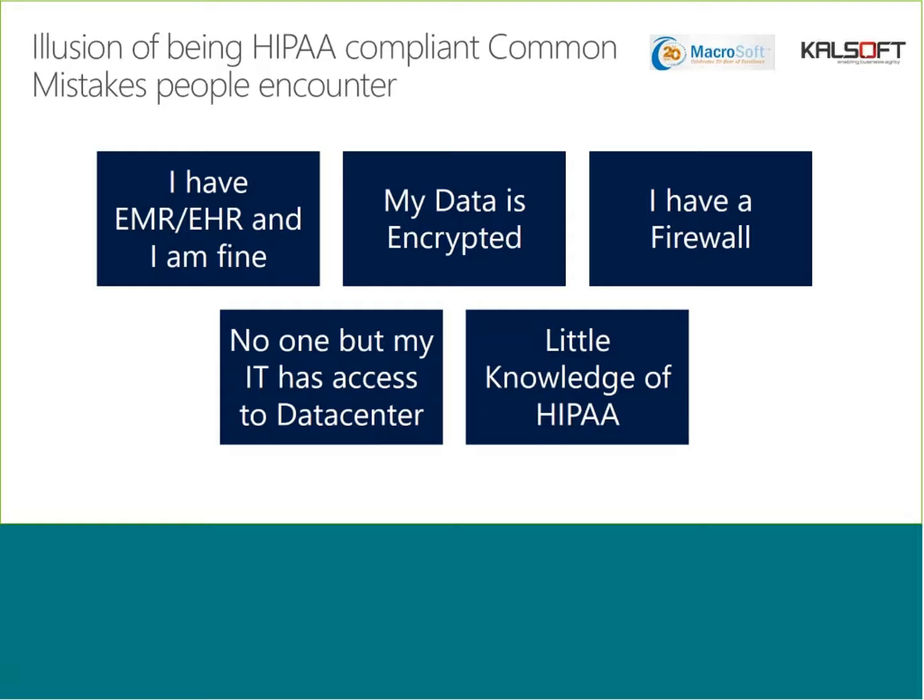They have a firewall, their data was encrypted, but they used to send the patient records over an email, and those emails are received by people who are accessing their email on their personal mobile devices with all the attachments and everything coming in. And all you need is just one incident or one failed device or one stolen device to get involved into a HIPAA breach or a medical data record breach.